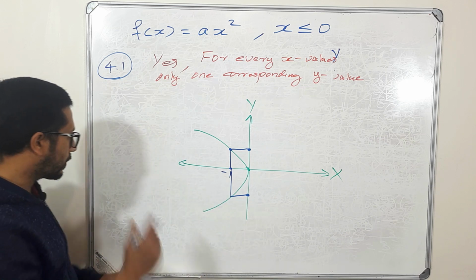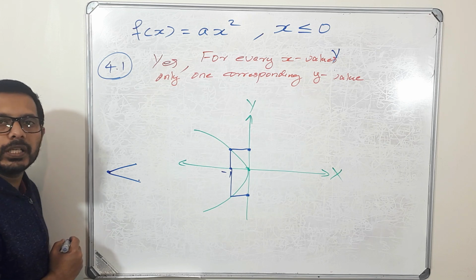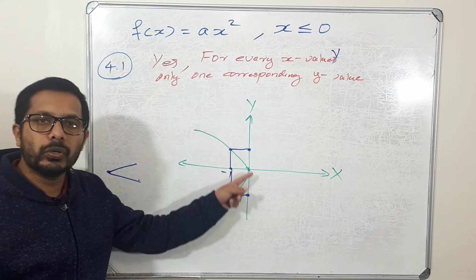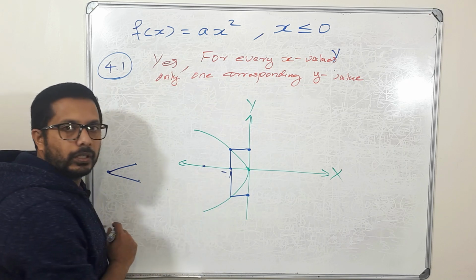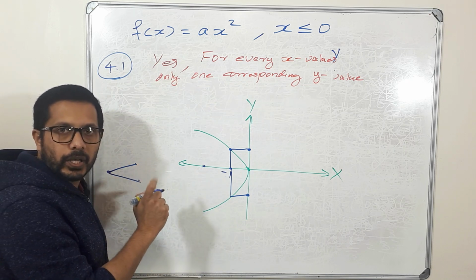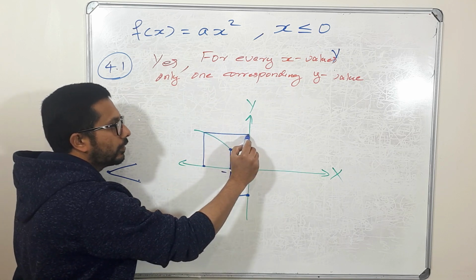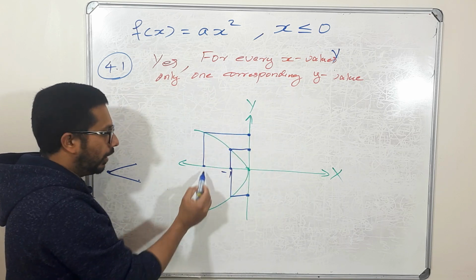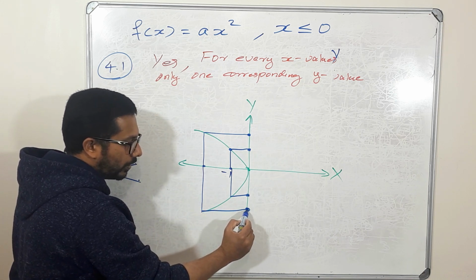For one x value I am getting two y values. So it means that this one is not a function. Look at another point. I took only one x value. How many y values am I getting? One is here, and another y value somewhere here.